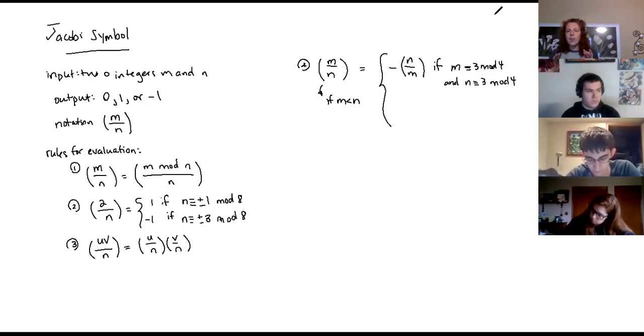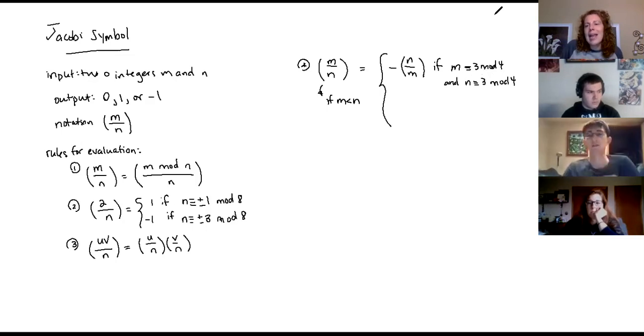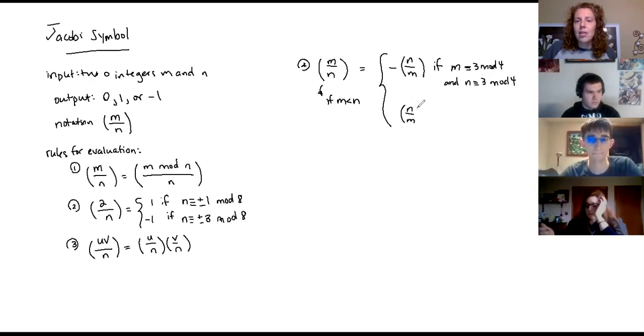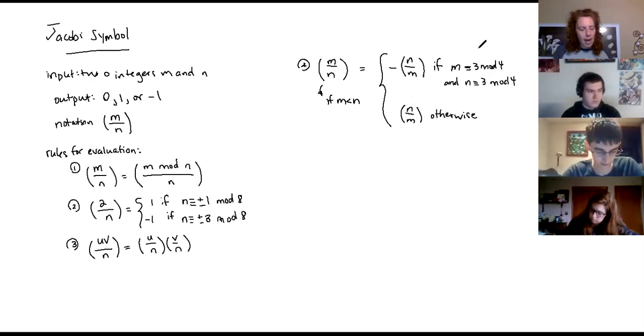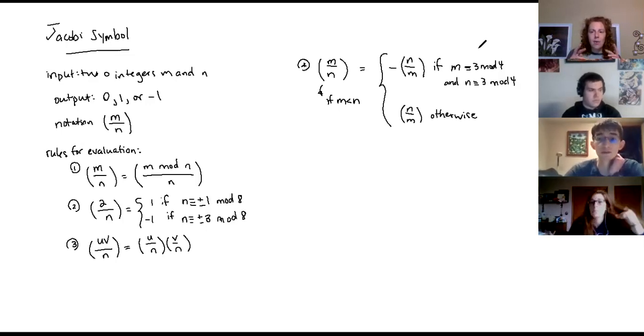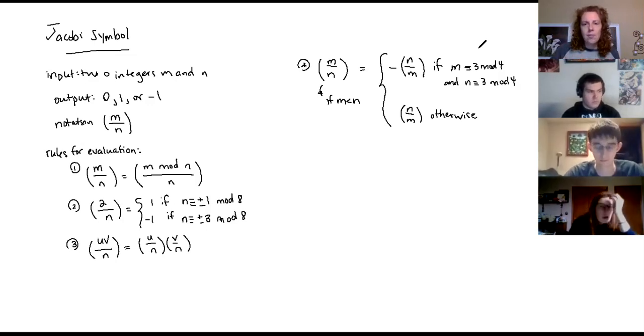So if both m and n are congruent to 3 mod 4, then when you flip, you put a negative outside. If one of those is not congruent to 3 mod 4, then you can just flip. So you can say just n over m and not worry about a negative. So that one is helping you flip. It'll help you to always get the bigger number from the top to the bottom or vice versa. And then you put a negative out in front.